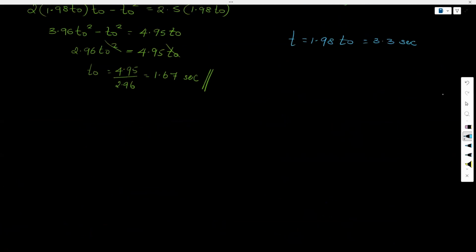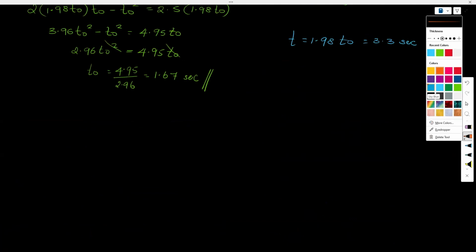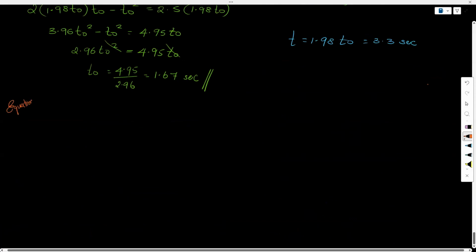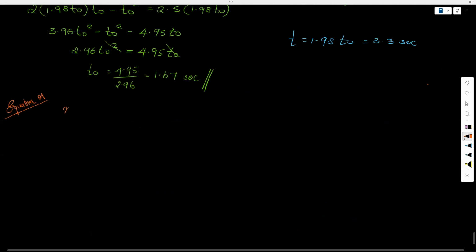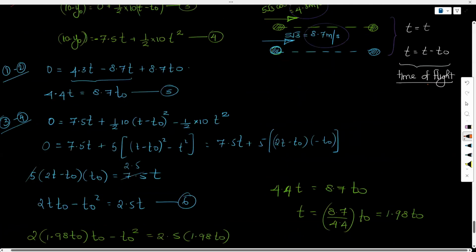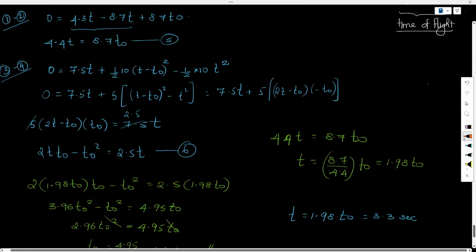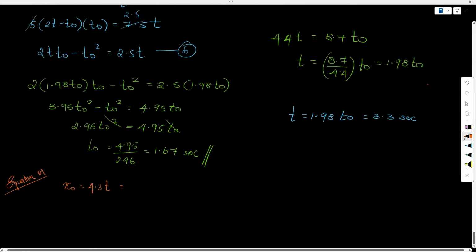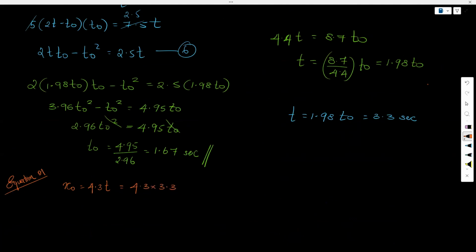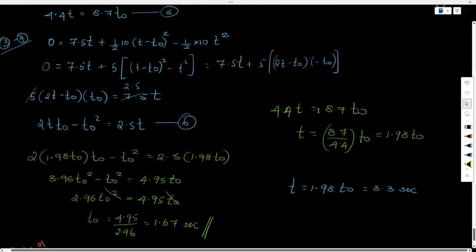So we have equation number 1: x0 is 4.3t. That is completely right? Yes. 4.3t, so 4.3 and t is 3.3. So 4.3 times 3.3 is 14.2. So x0 is 14.2.